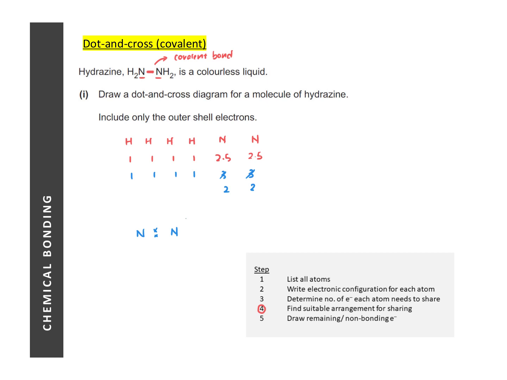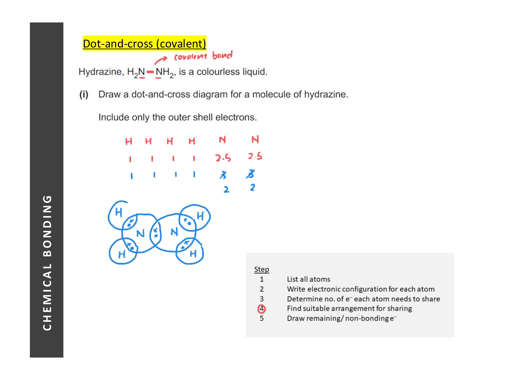So very obviously, it will look something like this. Okay, where each hydrogen atom would share 1 with each nitrogen atom. So once we have that, we would have met the sharing needs of your nitrogen and all your hydrogen atoms. So this would be our dot and cross diagram.